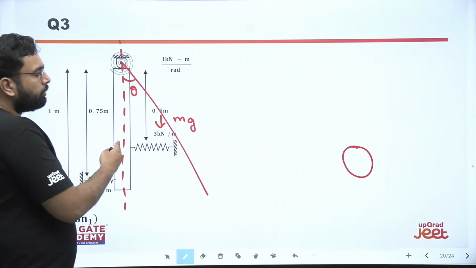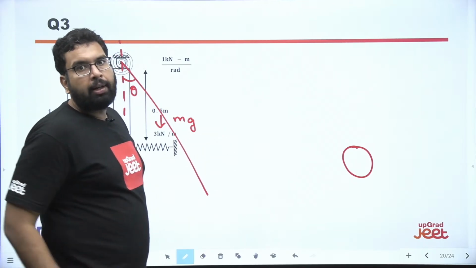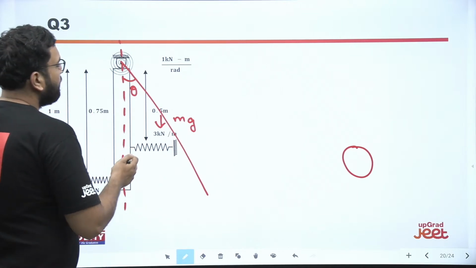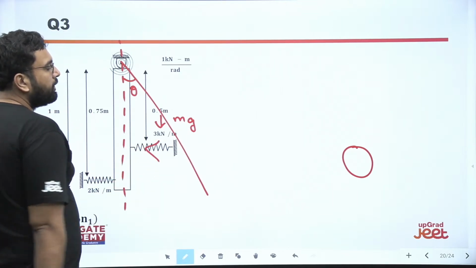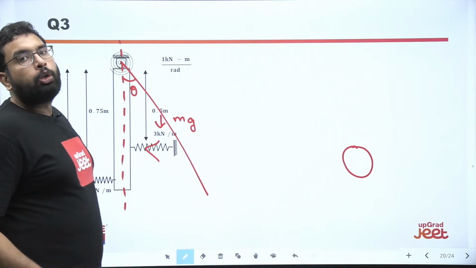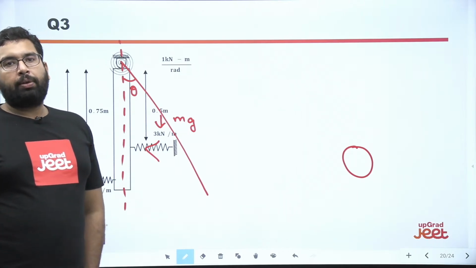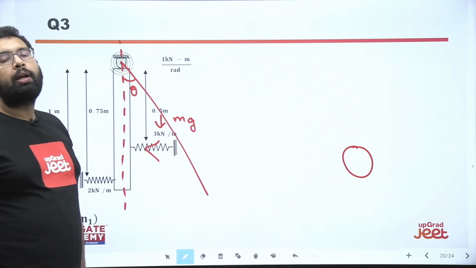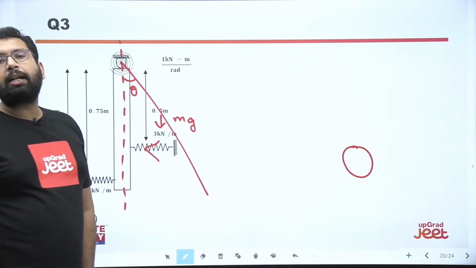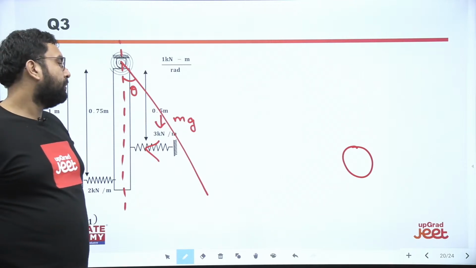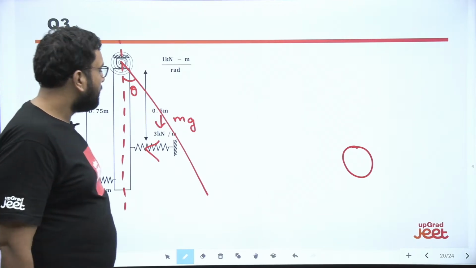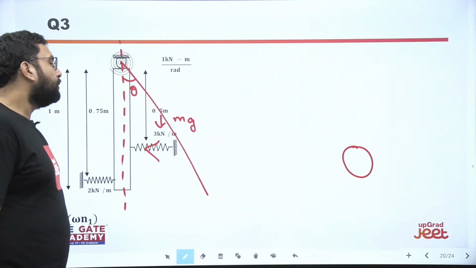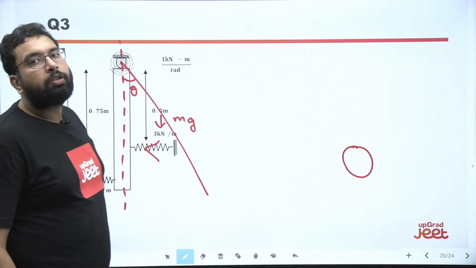Now you see this spring is getting deformed and compressed. When it is compressed, it must give a force in this direction, due to the stiffness of the spring, opposite to the direction of the displacement.